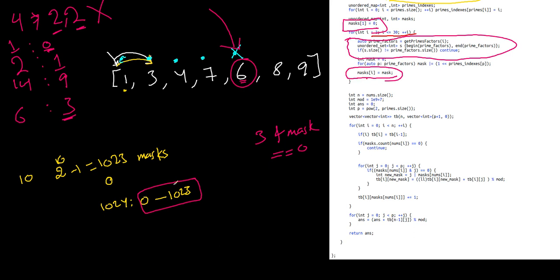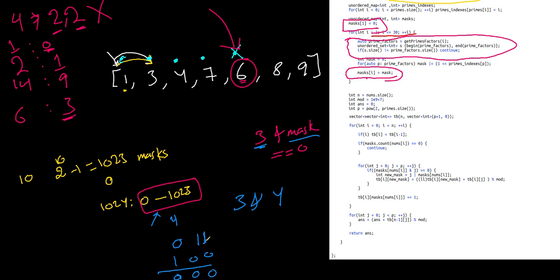Let's take an example. Let's say we have the mask value 4, so we have 3 AND 4. This is in binary 1 1 and 1 0 0, and this equals 0.